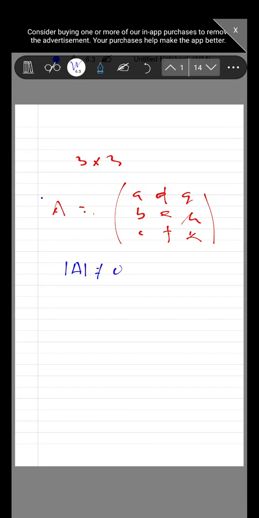Now somehow, if we can find its minor, this is what is called an R square minor. It can be this minor, or it can be this minor. If any of these minors are equal to 0, then we say that the rank of the matrix is 2.